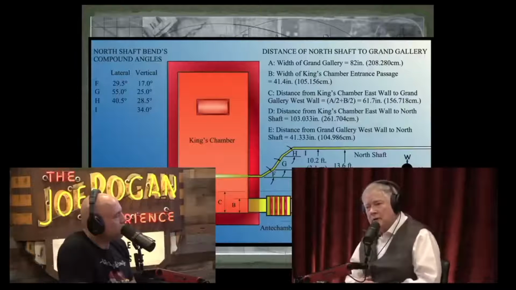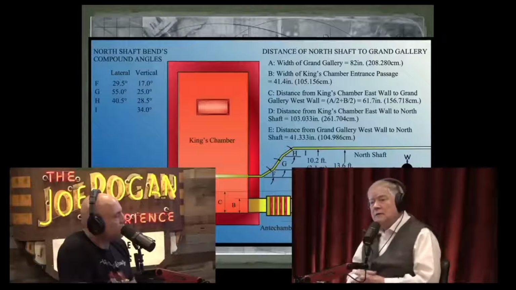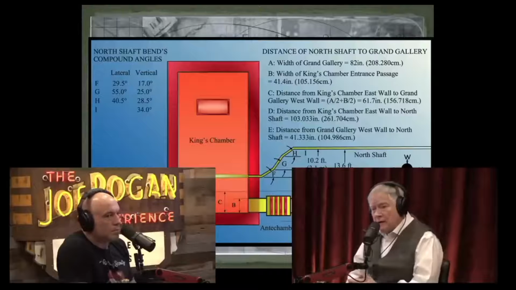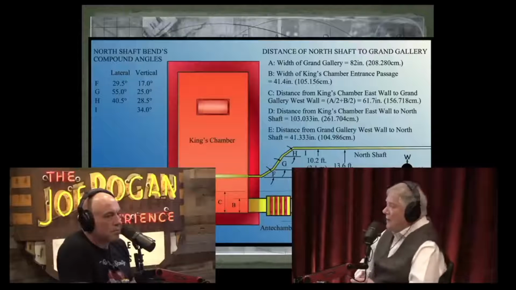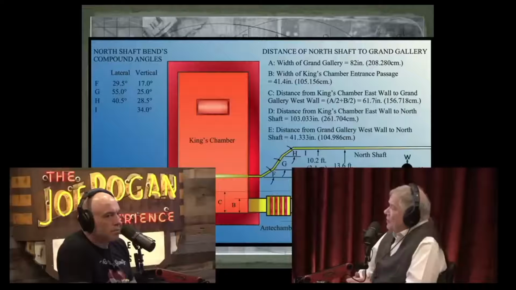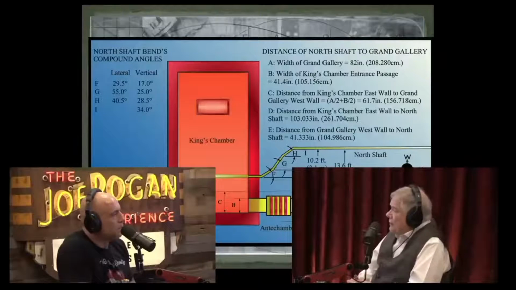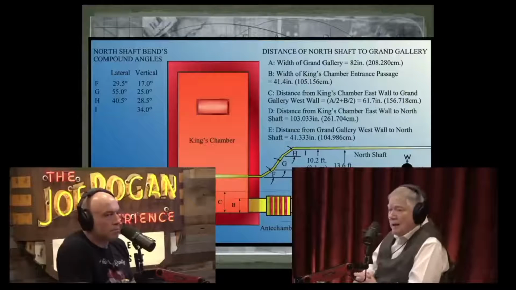It didn't have to go through all those bends unless the wall blocks of the Grand Gallery were so large that they didn't want to interfere with them. Does that suggest that the wall block thickness, because we don't know how thick they are, is maybe just a little less than 13 feet thick? That is mind-blowing.